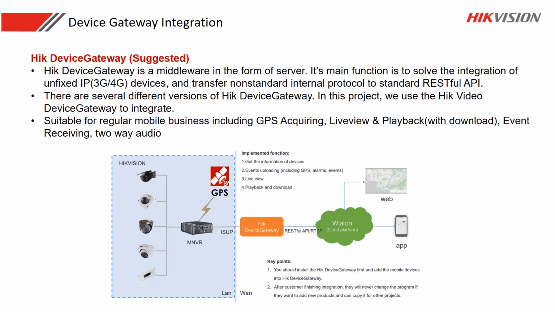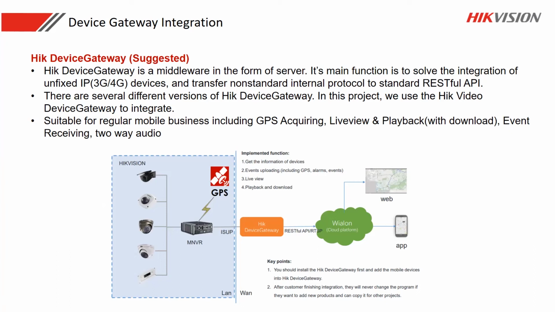And there are several different versions of Hikvision device gateway. For example, if you use a mobile NVR device, we will provide the Hikvision video device gateway. And if you use access control devices, we also have another Hikvision access control device gateway. So it depends on your product to select.